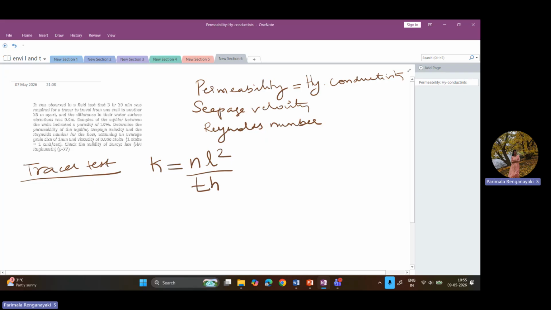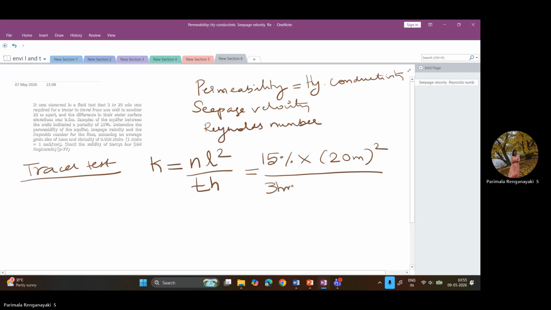Now, what is the n given here? In this problem, n is 15 percent, and length between two wells is given: 20 meter, whole square, divided by time, which is given as 3 hour 20 minute, into the head difference.